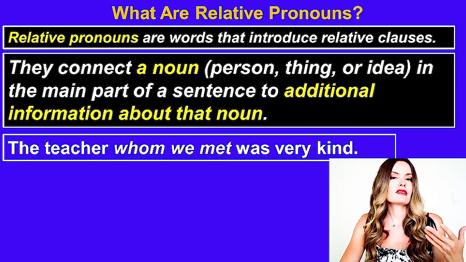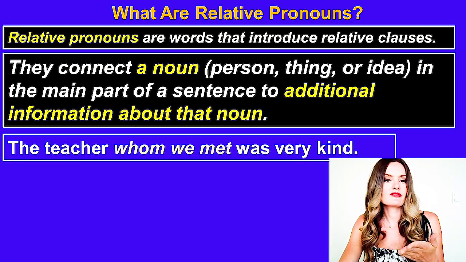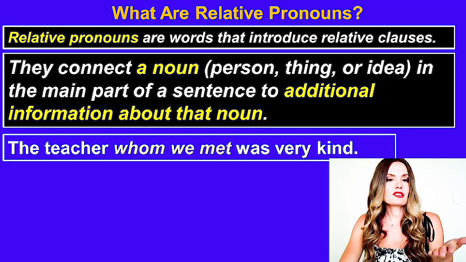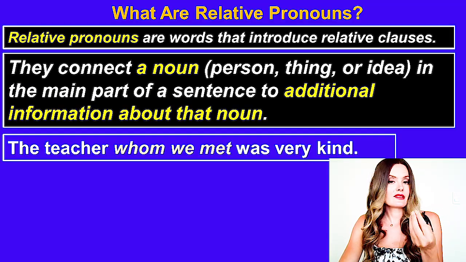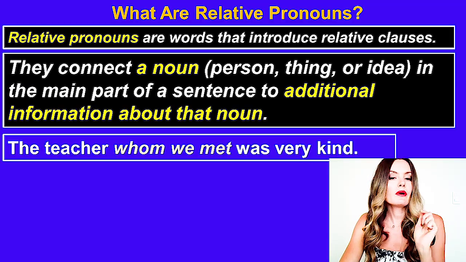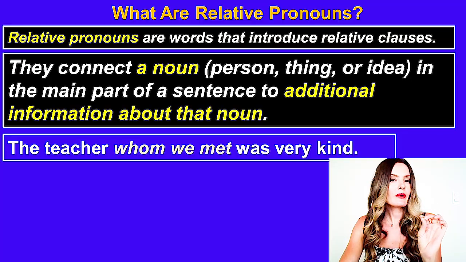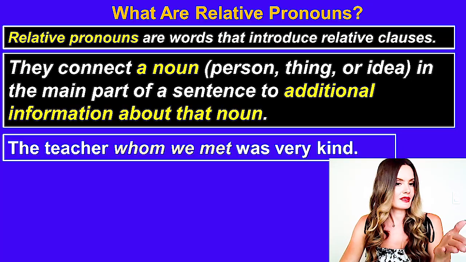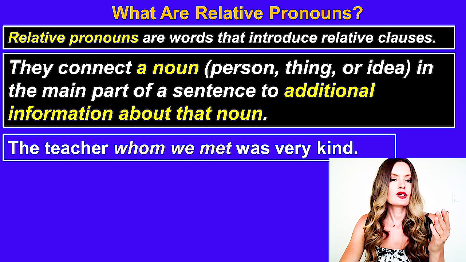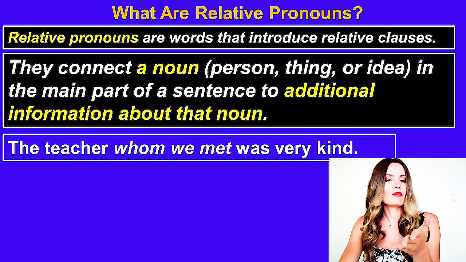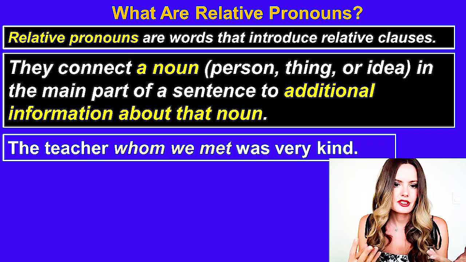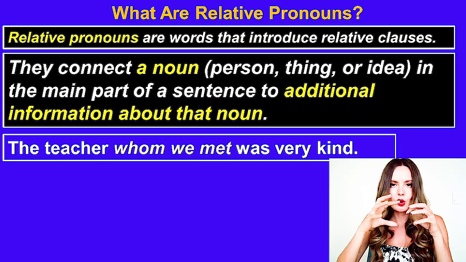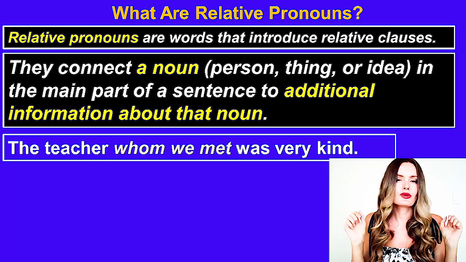For example, the teacher whom we met was very kind. So the teacher was very kind is the main clause. Now, whom we met. Whom is the relative pronoun. It connects a noun, the teacher in this case, to additional information about that noun. What kind of teacher? Whom we met. So whom connects these two clauses.